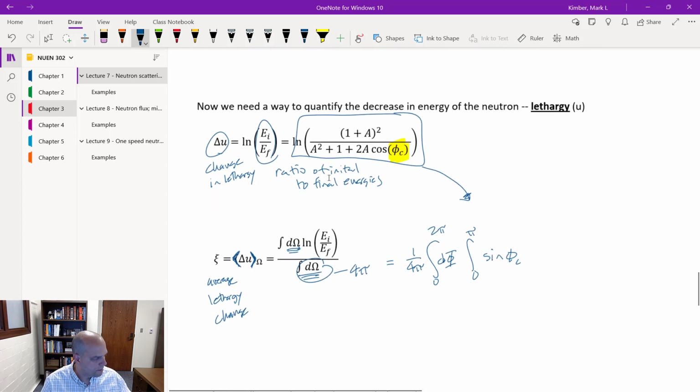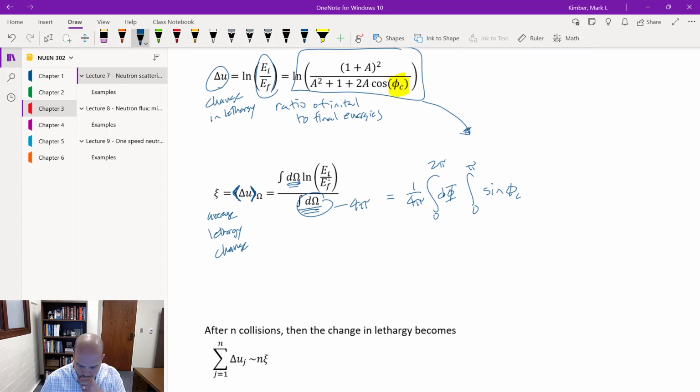But now we've got to take the metric that we're integrating with. So we've got sine phi sub c, and then we've got the natural log of all this stuff: 1 plus a squared divided by a squared plus 1 plus 2a times the cosine of phi sub c.